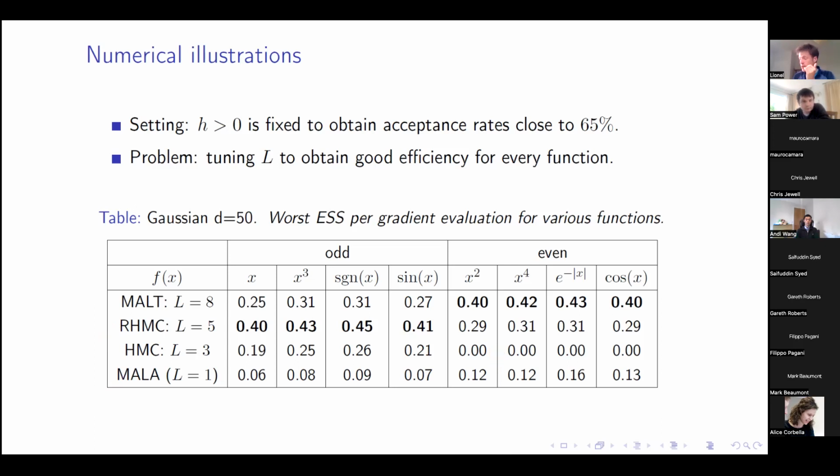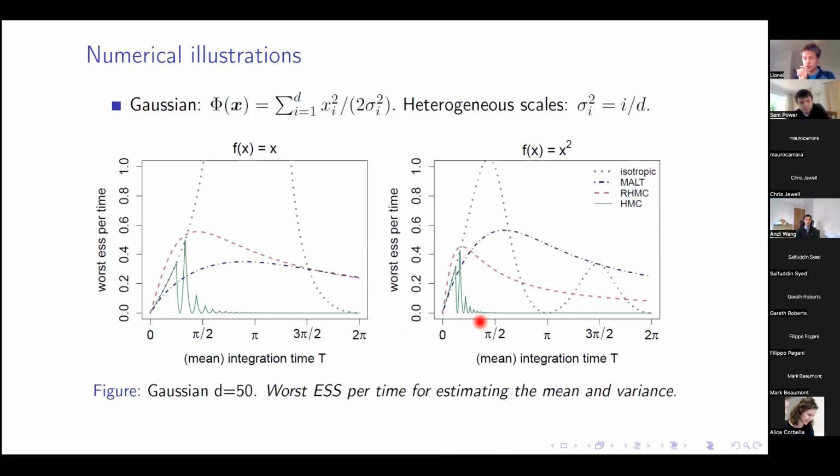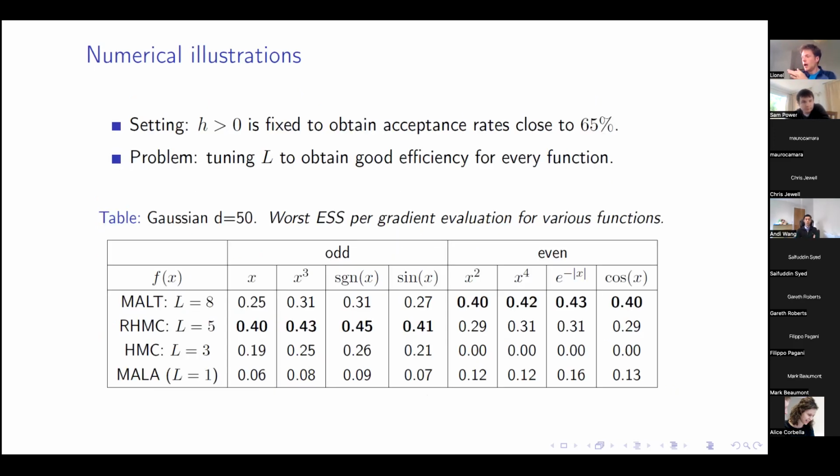This is directly due to the fact that this second function is very erratic. If you introduce some discretization, then it's very unlikely that you land right on top of the spike. We still illustrate what happens for L equals 3, just for illustration. But the best choice for HMC is just MALA.